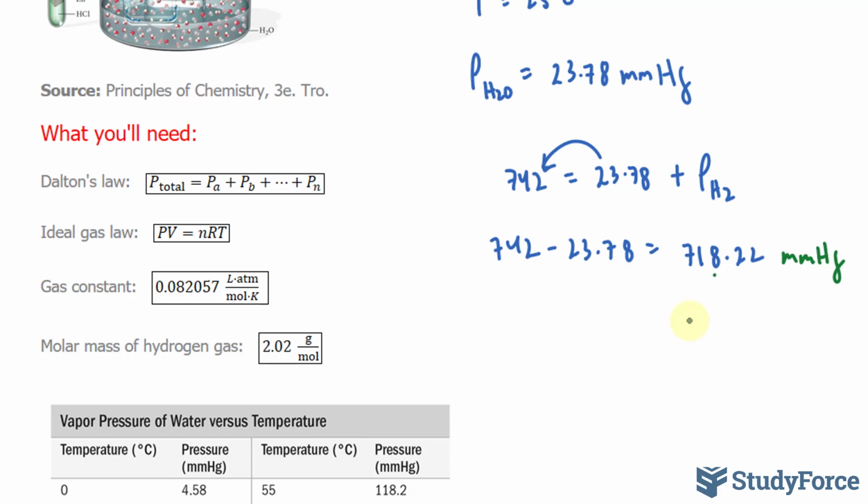Now, to use the ideal gas law to find out what n is equal to, because we can use n and the molar mass of hydrogen gas eventually to find the mass, I need to convert this number into atmospheres. And I can do that by using the conversion factor. 718.22 times 1 atmosphere over 760 millimeters of mercury.